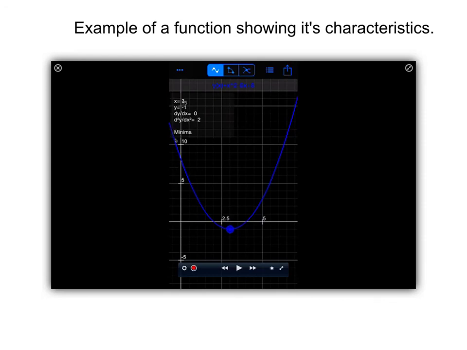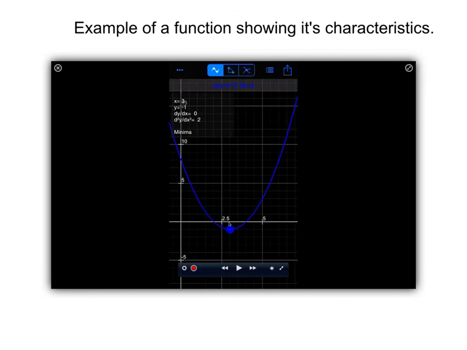Notice this function decreases until it gets to this point right here. So we can say that the function decreases. Now we're just taking a look at the x here. At the x-axis, notice the function decreases from, say, way over here, which could be like negative infinity, up until it hits this point right there at x equals 3.